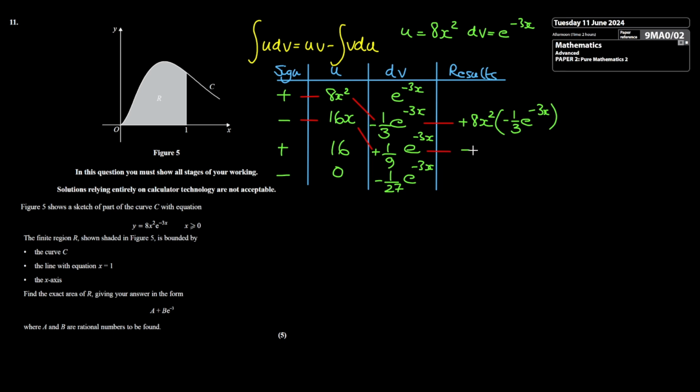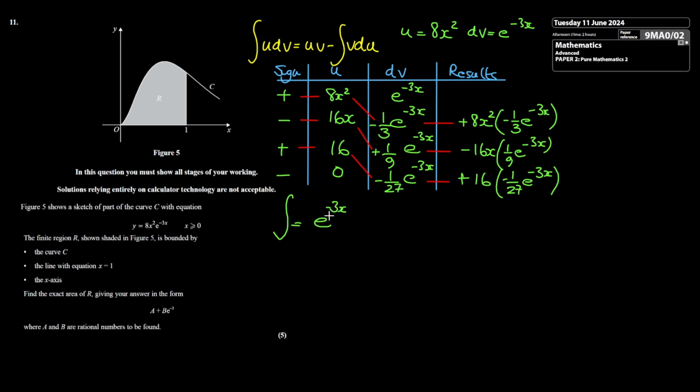So this is minus 16x multiplied by a ninth e to the minus 3x. And you won't be surprised to hear that the next result will be the multiplication of the red lines indicated now. The next line we don't have to bother with because there is a 0 involved and we'll get no result.